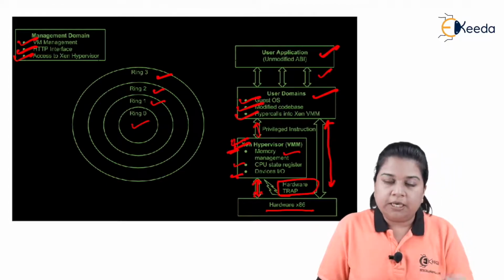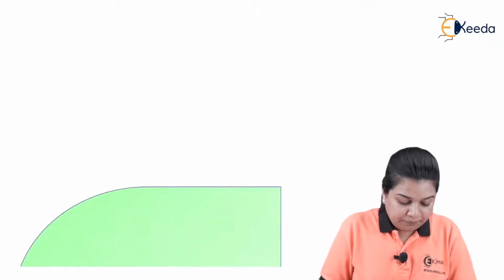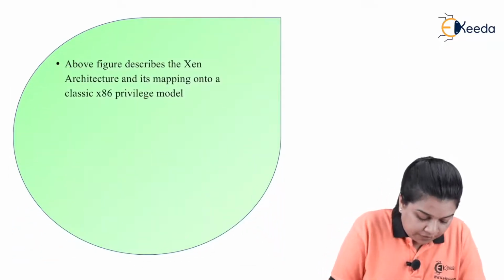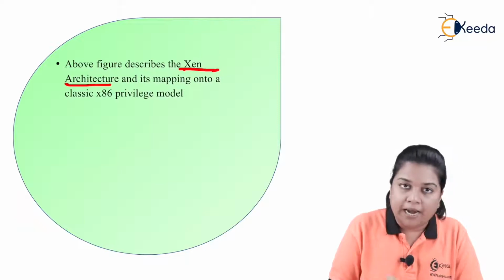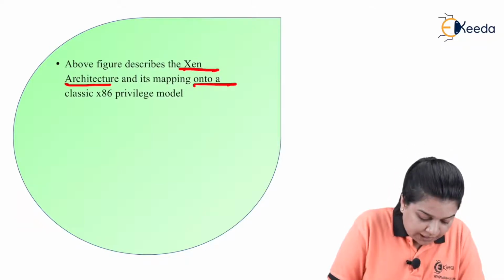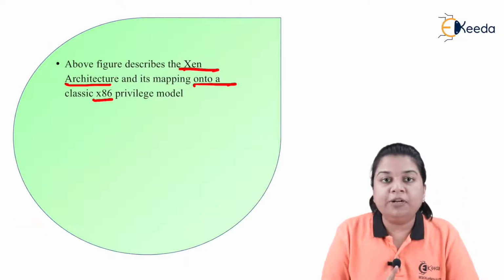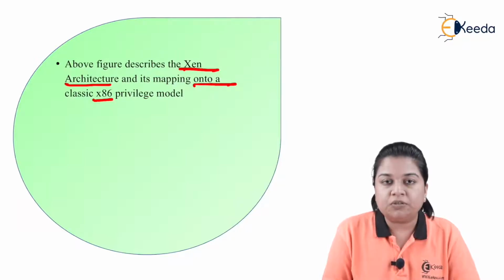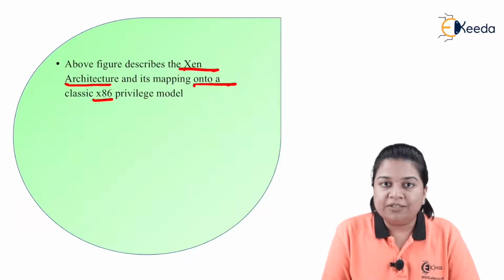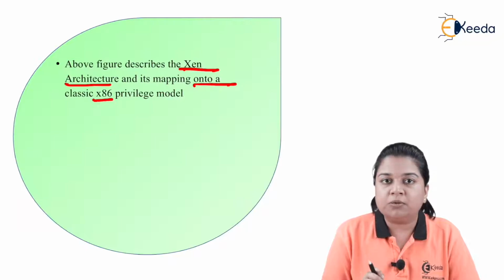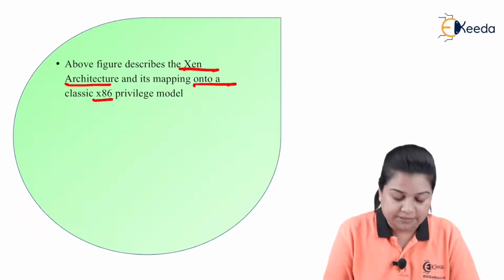Now we are taking a detailed description of this diagram. The above figure describes the Xen architecture and its mapping onto a classic x86 privileged model. What are privileged instructions? They are the ones to be executed first whenever any kind of execution or process takes place.